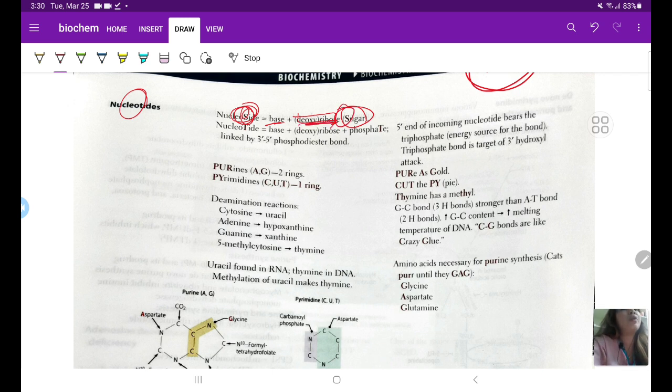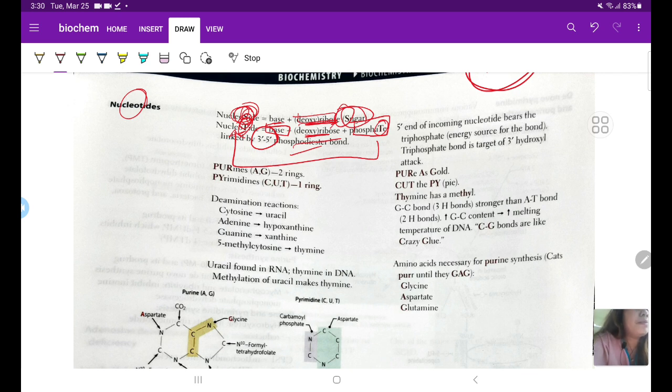That's how to remember it. And then the nucleotide, TT: base plus deoxyribose also, but a phosphate is added to it. Phosphate has a T in it. So, this is a nucleotide, and it is linked by a 3' to 5' phosphodiester bond.